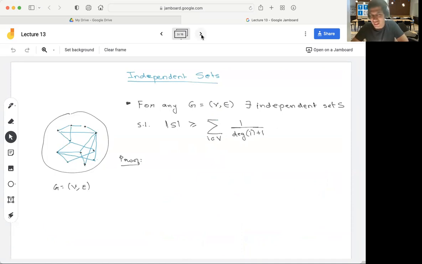So if you replace the degree of I by the largest degree, let's say D max is the largest degree in the graph, which is what we were calling D on the previous slide, then this would recover the bound on the previous slide.